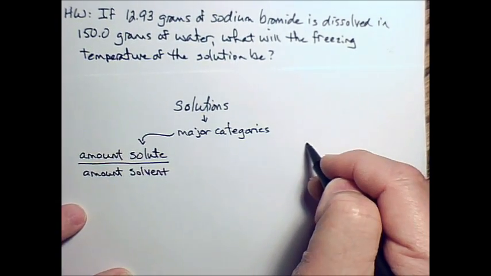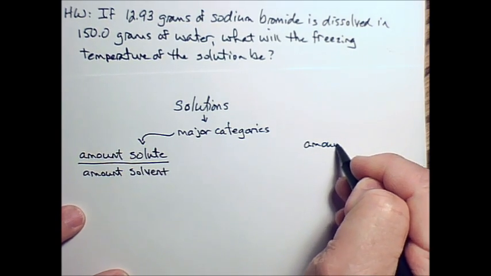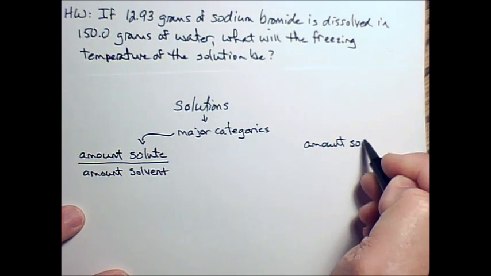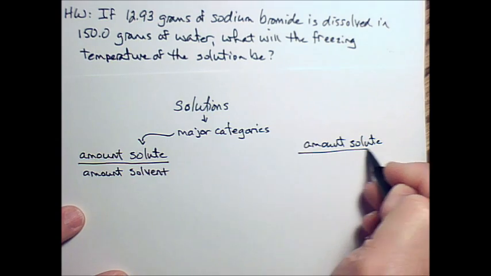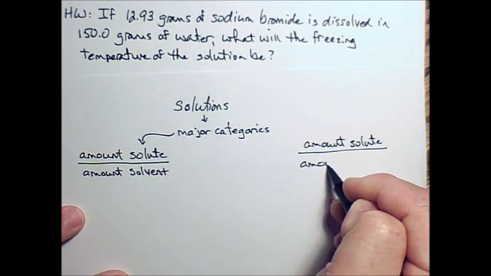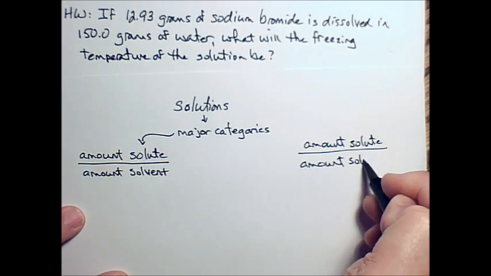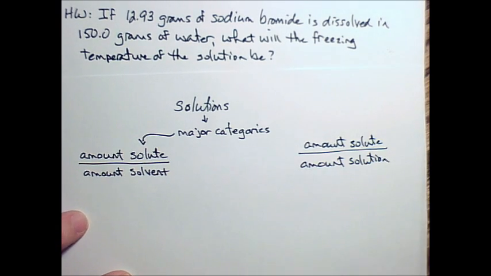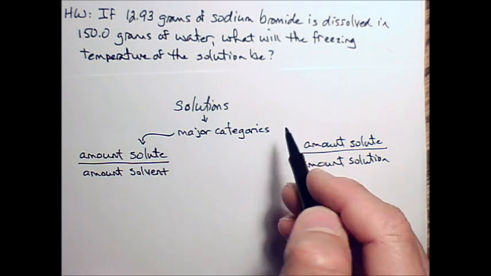And the other major category was where we had the amount of solute over the amount of solution. Solute is the thing that gets dissolved. The solvent is the thing that does the dissolving. Solution is both the solute and solvent together.